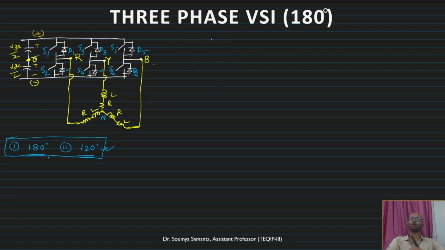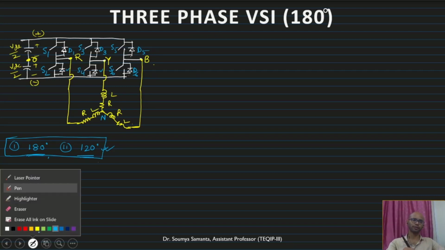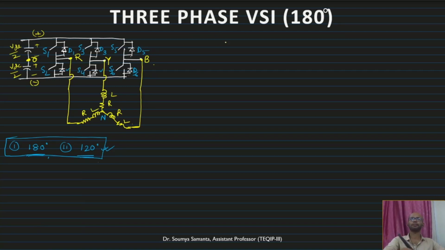First, let me draw the gate voltages, whatever voltages will apply at the gate terminal. That is what I am drawing here, VG1 and VG2, both the switches for pole 1.